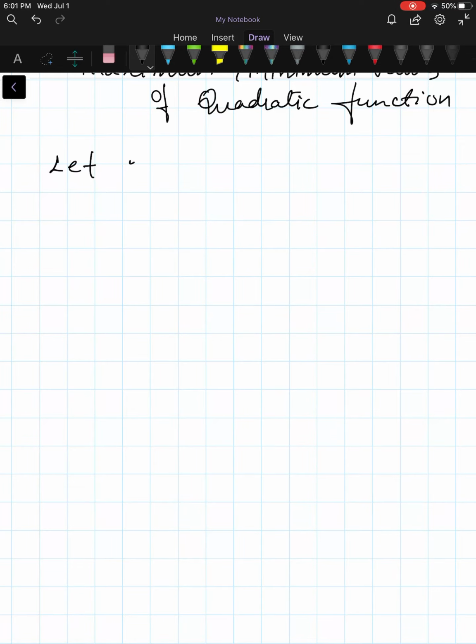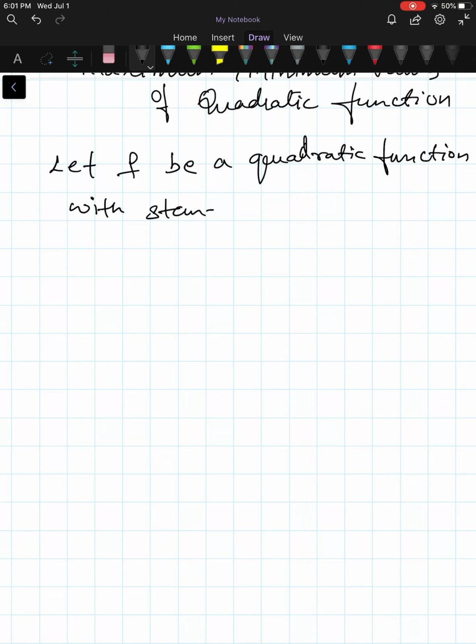To define, let f be a quadratic function with standard form f of x is equal to a times x minus h the whole square plus k.